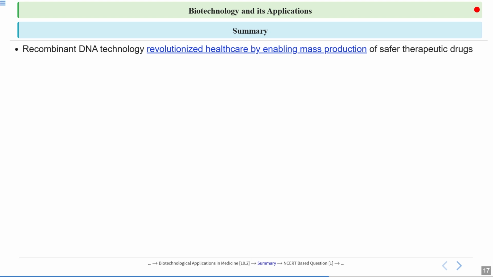So how did Eli Lilly overcome this challenge? They extracted chain A and chain B individually, then created the disulfide bond and made mature insulin. And how did they do it?